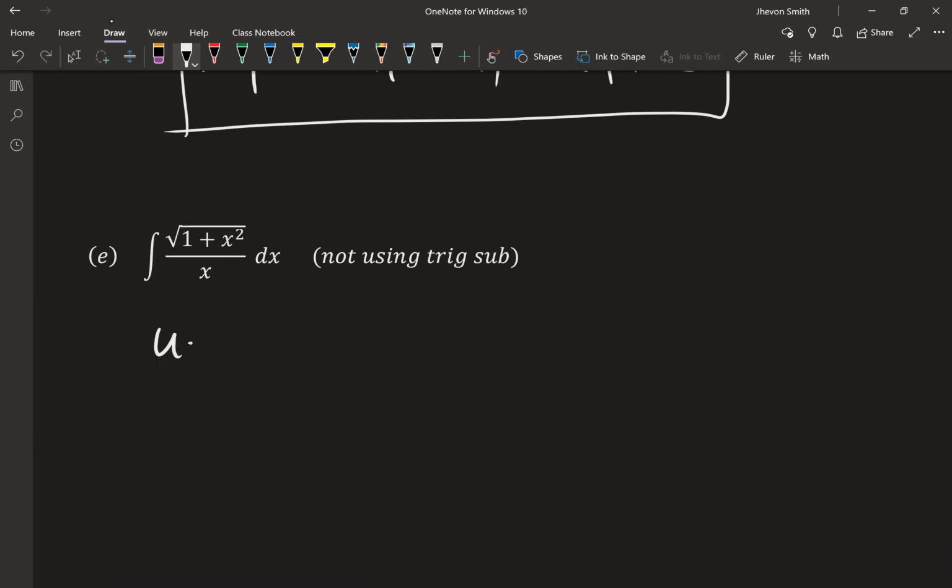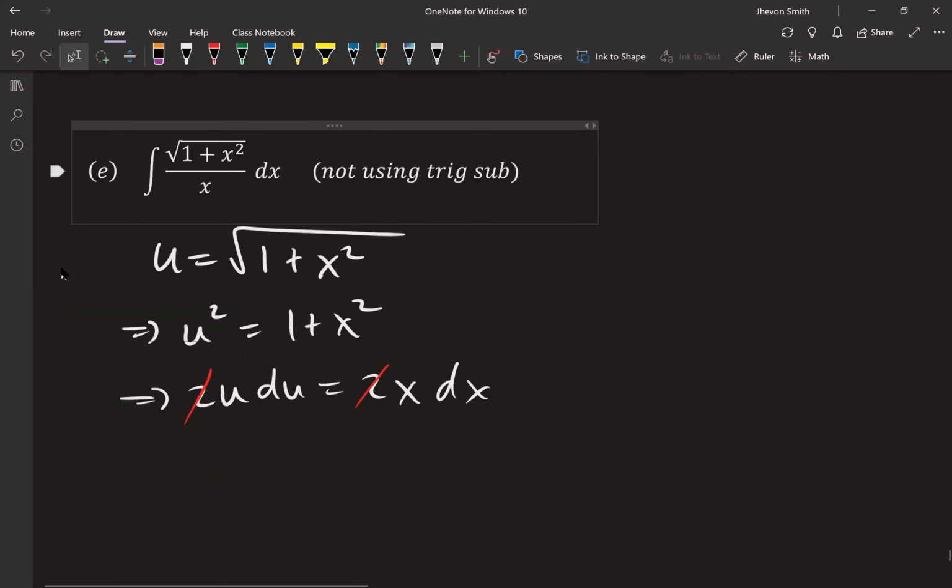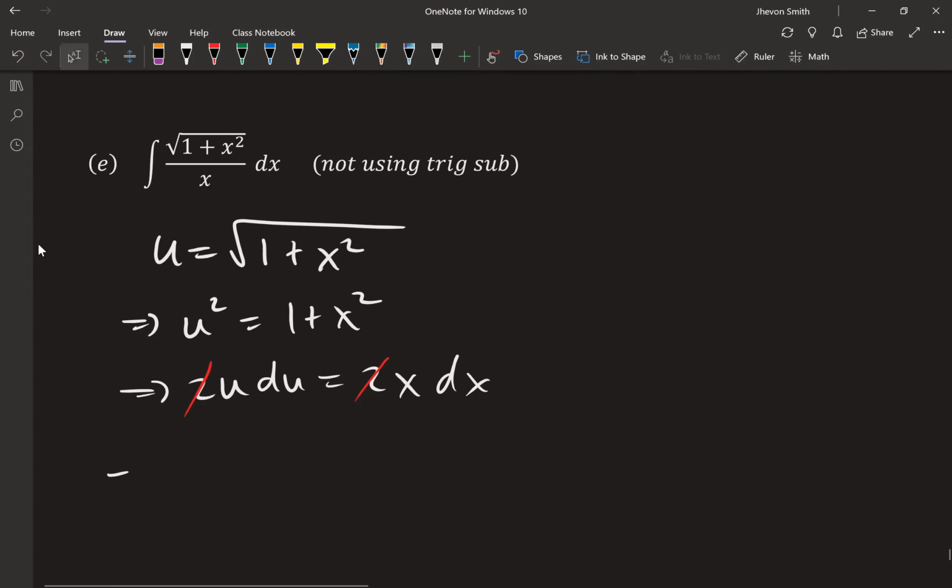All right, let u equal the radical of 1 plus x squared. Or in other words, u squared is equal to 1 plus x squared. So you can differentiate: 2u du is equal to 2x dx, which you can reduce by 2 on both sides. And now you just go and plug these guys in.